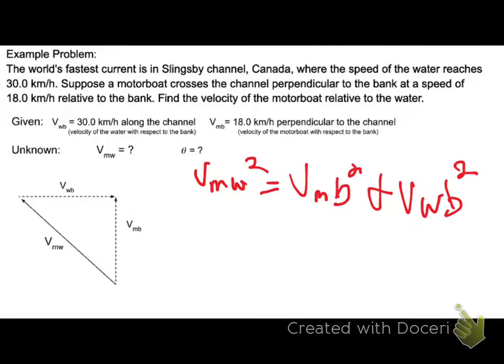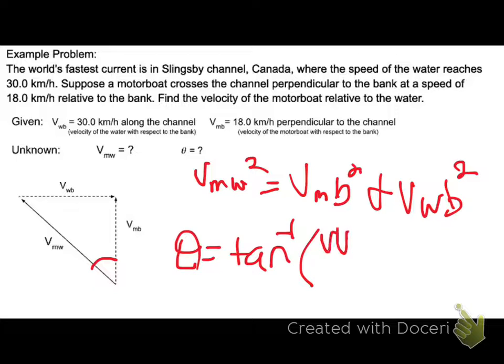And we can solve for the angle that the boat would be traveling at by doing theta equal to the inverse tan of the velocity of the water compared to the bank over the velocity of the motorboat compared to the bank. So just using some of the tools we have already figured out.